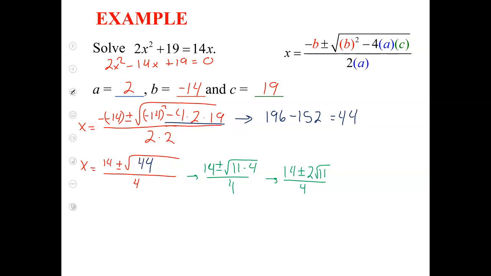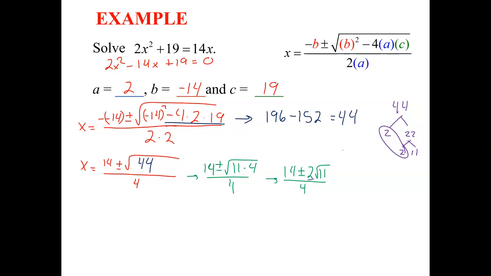You could also factor 44 into 2 and 22, then factor again into 2 and 11, and 2 times 2 gives you the 2.